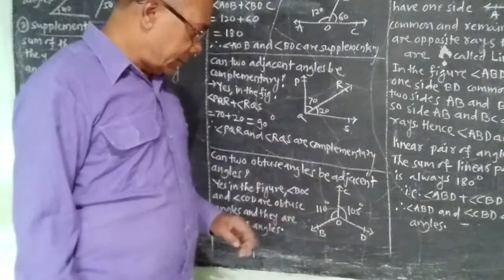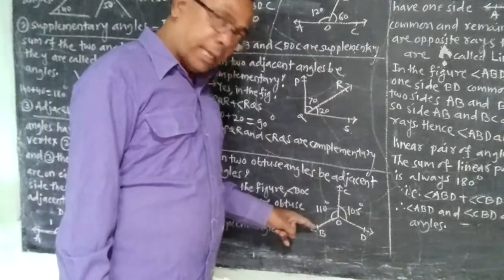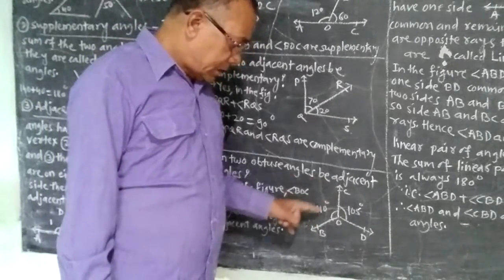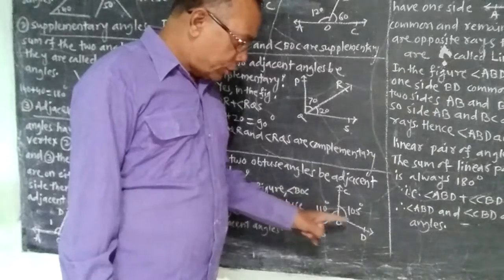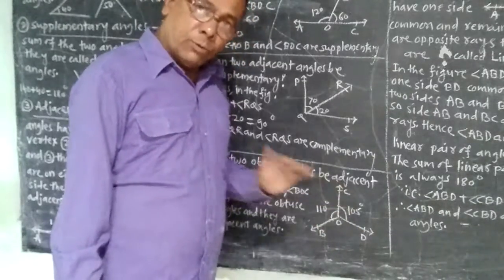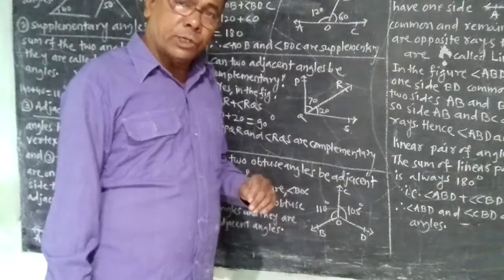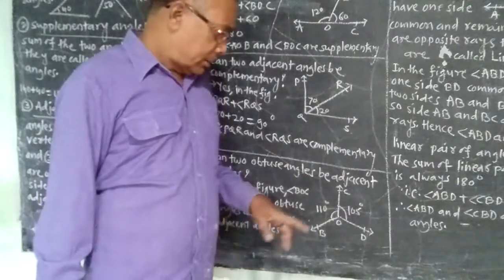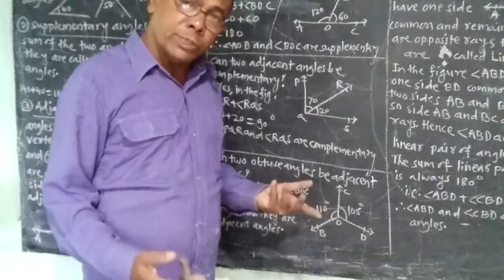Also it is seen that the measure of angle BOC is 110 and the measure of angle DOC is 105, and we know that if the measure of an angle is more than 90 and less than 180, then the angle is called an obtuse angle.